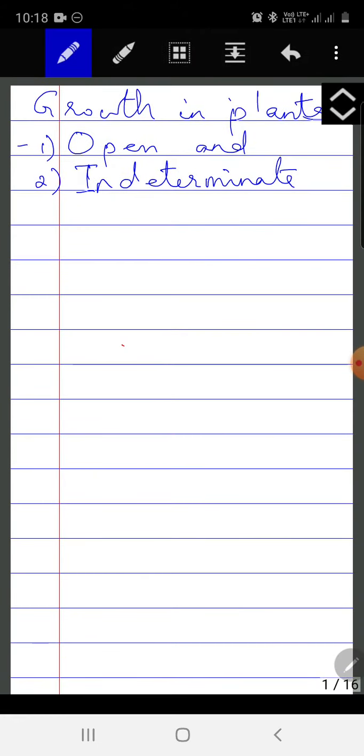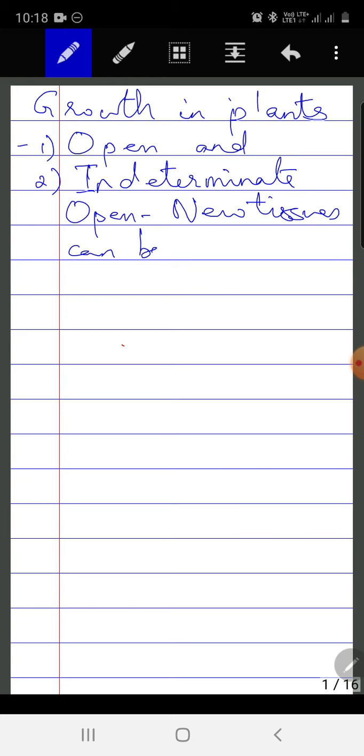Open means new tissues can be added, right? This is what we had discussed. New tissues can be added.